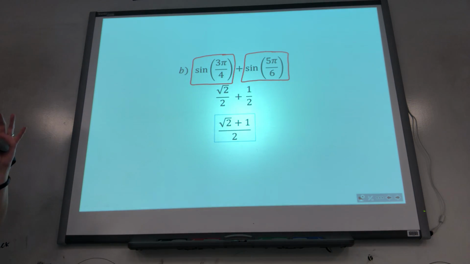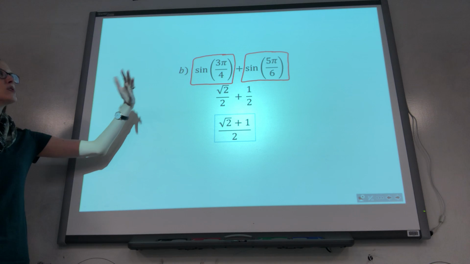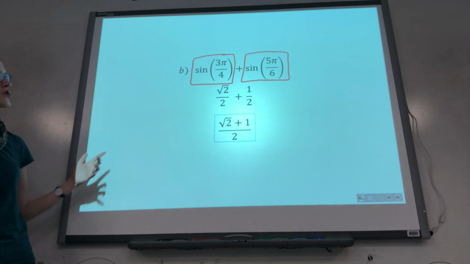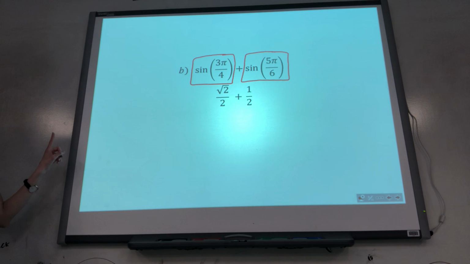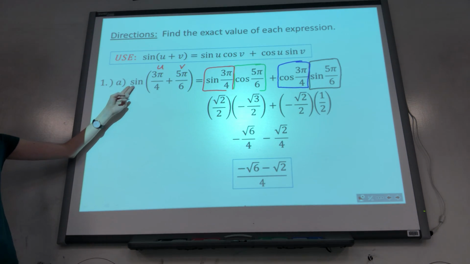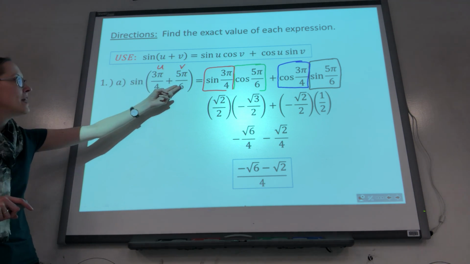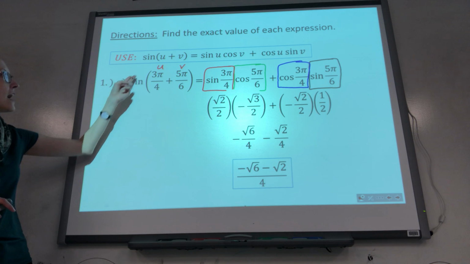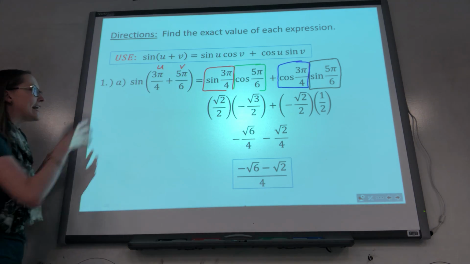Now, the reason we have part A and part B on this is because we're trying to just prove that you can't distribute a trig function. If you go back to part A, and remember I said earlier, it's not the same as sine of 3 pi over 4 plus sine of 5 pi over 6.